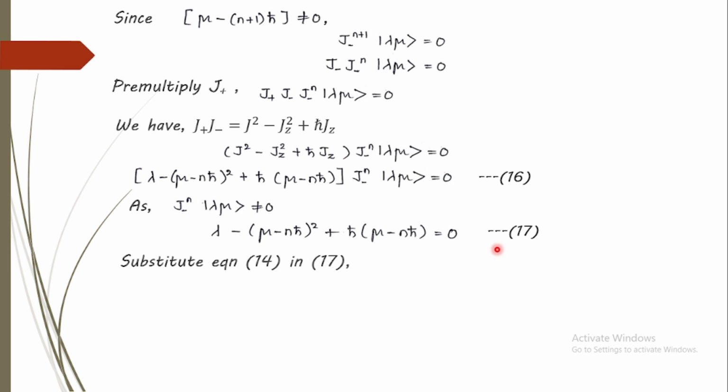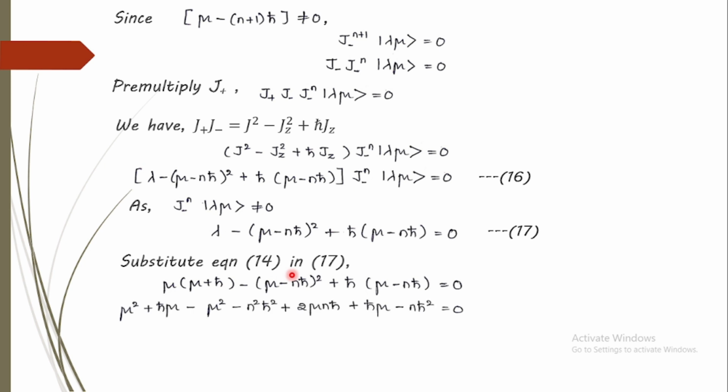To this equation, we will substitute equation number 14, where we got the value of lambda as mu into mu plus h cross. So when we substitute lambda as mu into mu plus h cross from equation number 14 and simplify it further, we observe that mu square cancels with mu square, and some other terms can be collected: h cross mu plus h cross mu becomes 2 h cross mu, plus 2 mu n h cross as it is, minus n h cross square, minus n square h cross square, equal to 0.